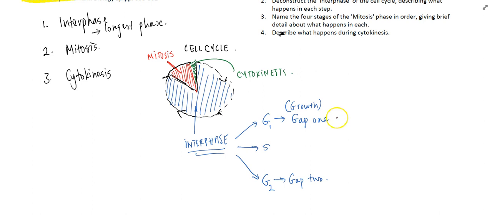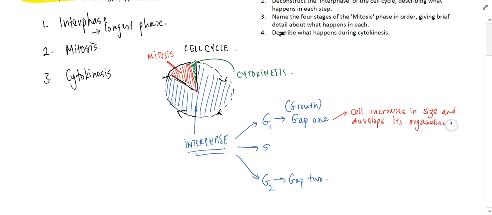So with each of the gap phases, we see that the cell increases in size and develops its organelles.